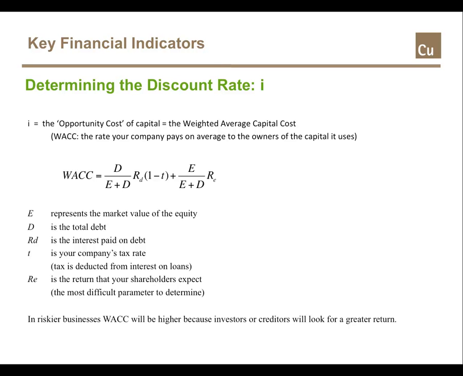An accepted benchmark for the opportunity cost of capital, and thus for the discount rate, is the weighted average cost of capital, abbreviated as WACC. The weighted average cost of capital is the rate that your company pays on average to the owners of the capital it uses.